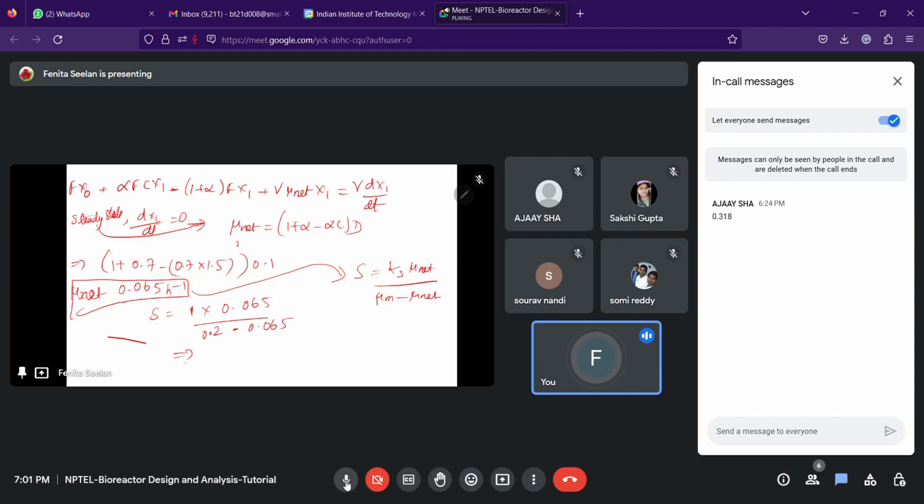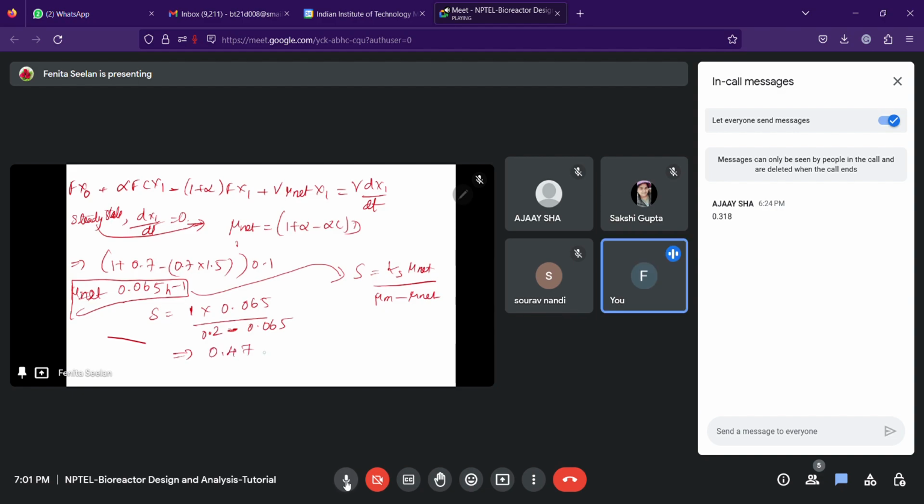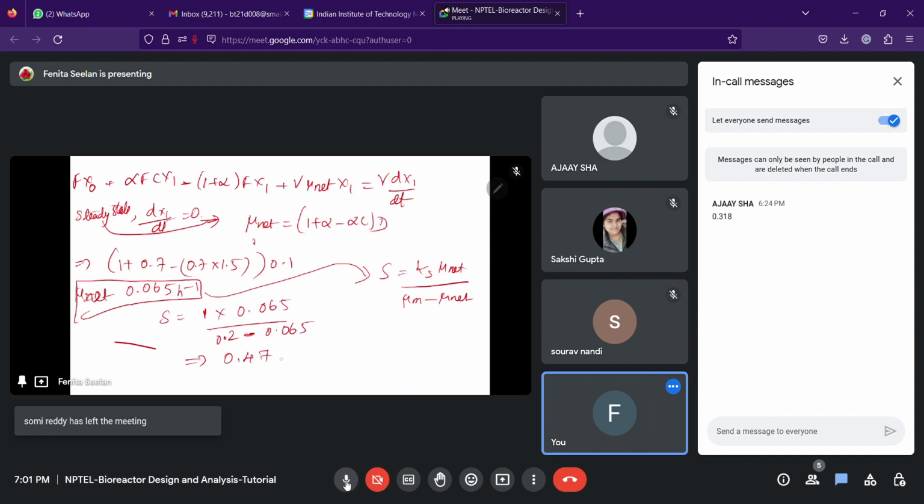What is the value of S then? It is 0.47 gram per liter.